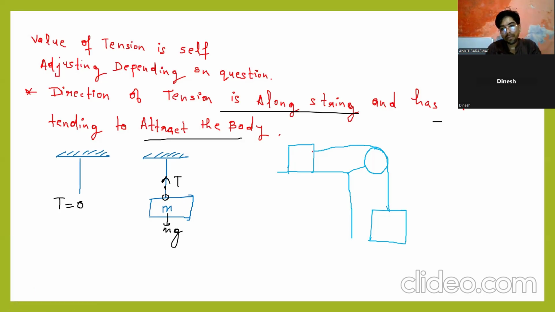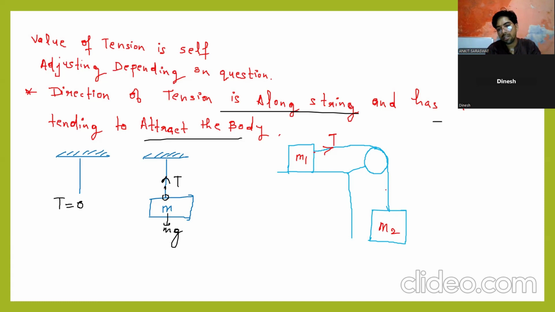Now please tell me, this block has mass m1, and for example this one is m2. In which direction will this string attract this mass? Like this. And this portion of the string, in which direction will it attract this mass?